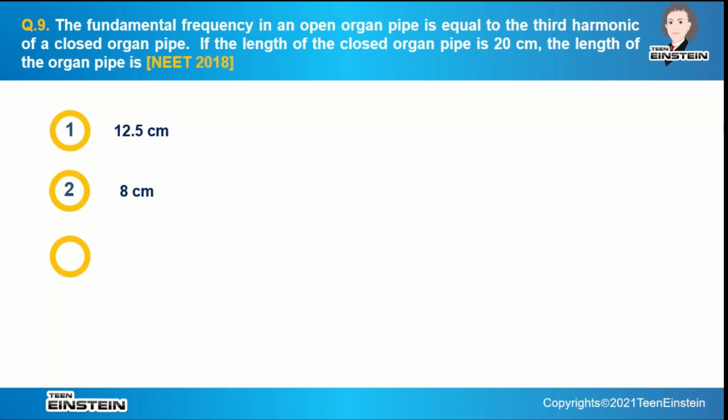Okay, so now we'll move on with the next question. The fundamental frequency in an open organ pipe is equal to the third harmonic of a closed organ pipe. If the length of the closed organ pipe is 20 centimeters, the length of the open organ pipe is, so they want us to calculate the length of the organ pipe. The fundamental frequency for an open organ pipe is given by V by 2L.